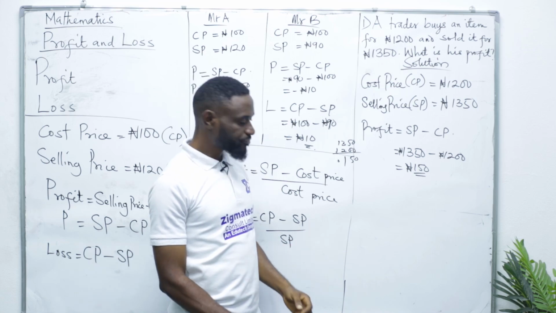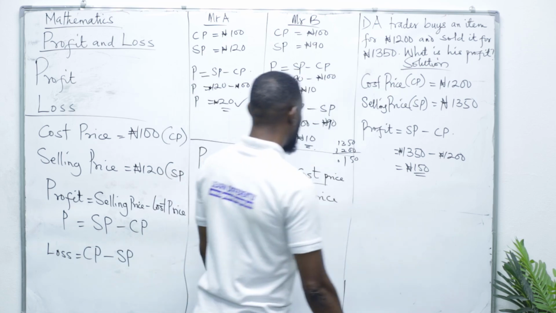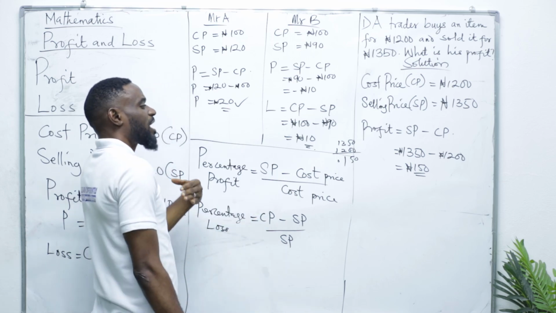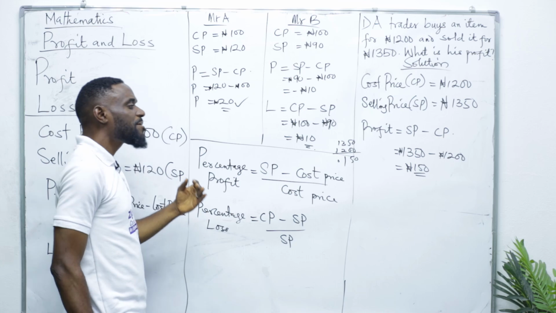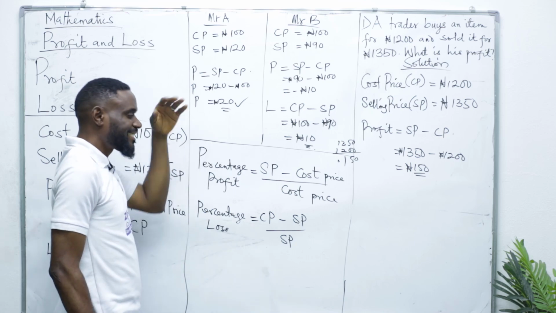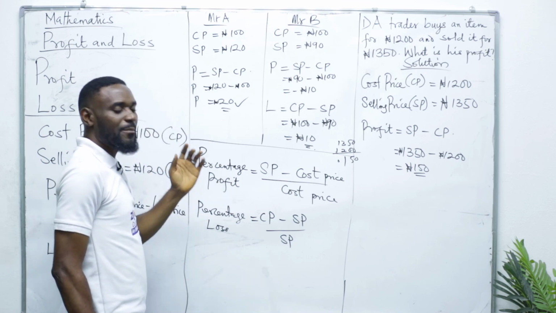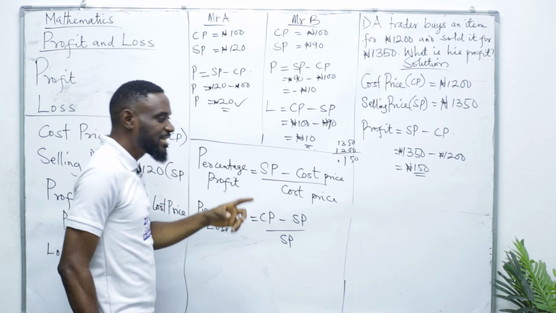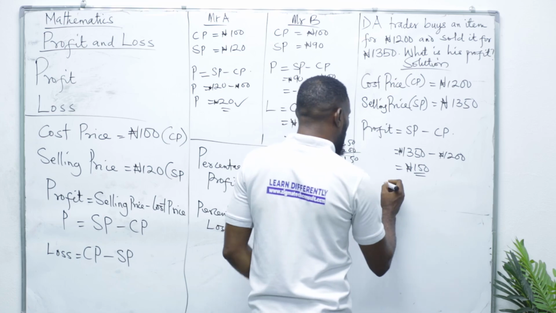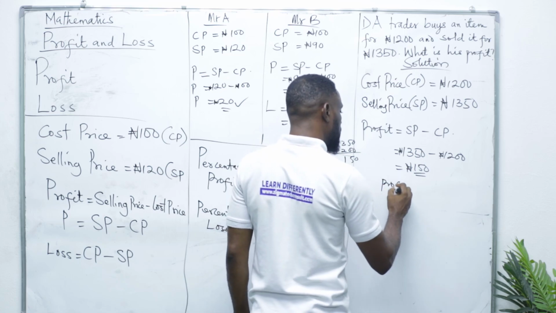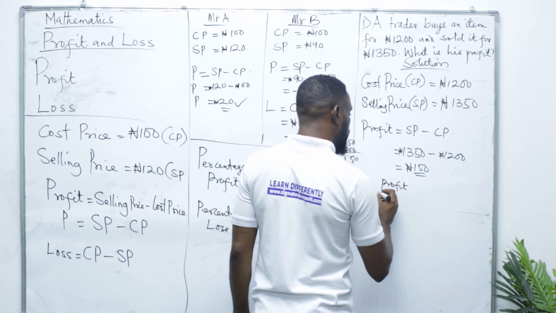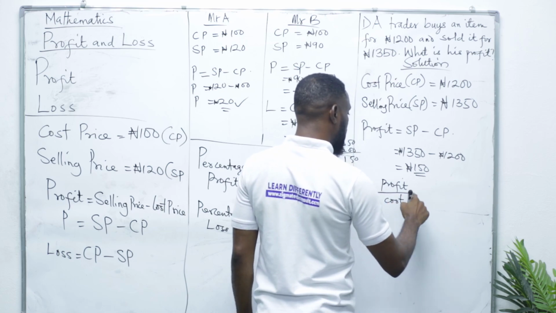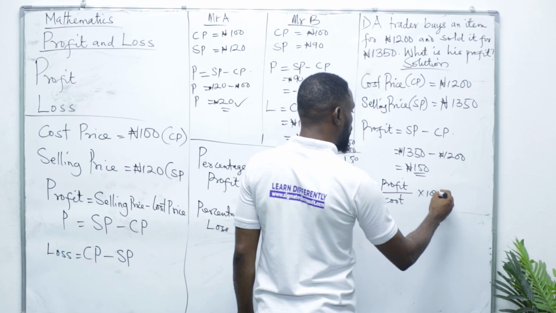Do you understand? Okay, so just as we have here, if they now want you to find how many percent profit this particular person made, it is the profit all over the cost price, times 100%.